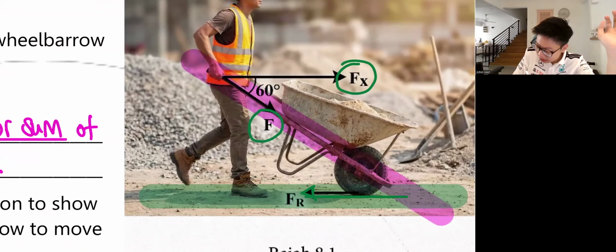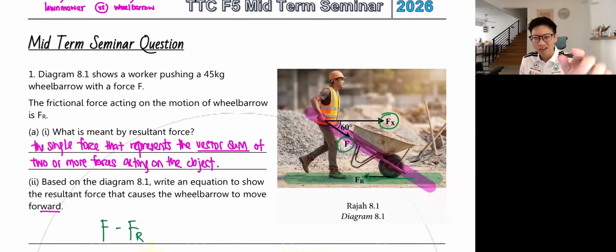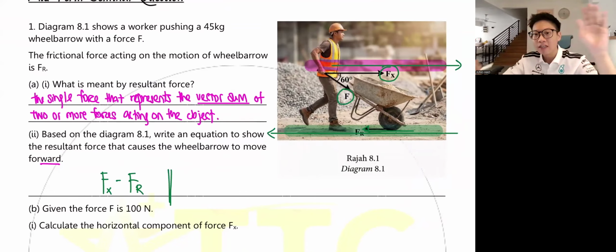Are they the same direction or not? This pink and green, same or not? Different, right? So can you minus? Cannot. If you really want to minus, you have to use the one that is the same direction. So you have to write Fx minus Fr, because your Fx is to the right, your Fr to the left, then we only can minus both of them.